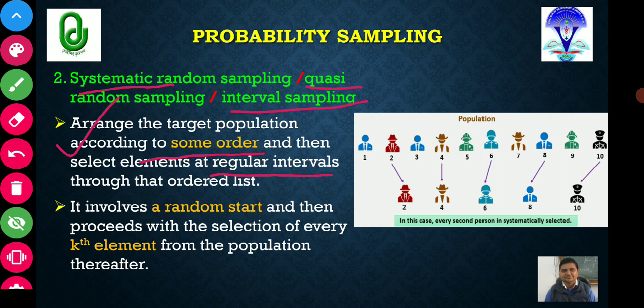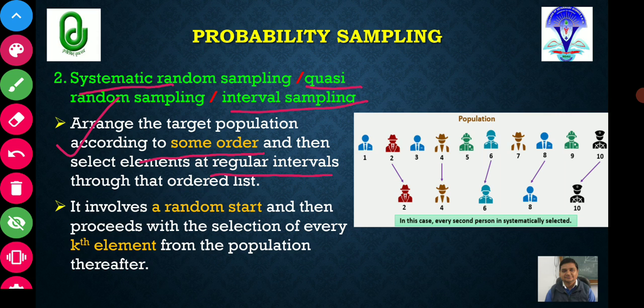Select the elements at regular interval. So first of all, you have to order all the individuals of that population, and then we have to select at regular interval. For that there is a certain procedure that we will be discussing in the next slide.